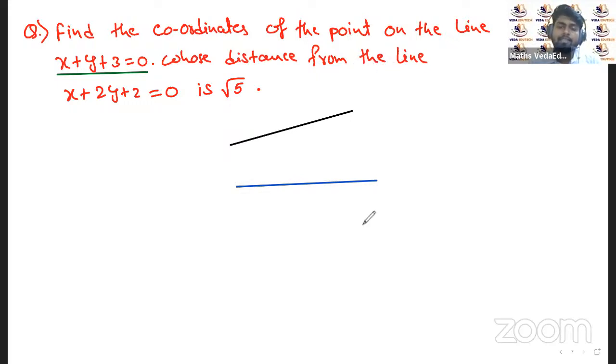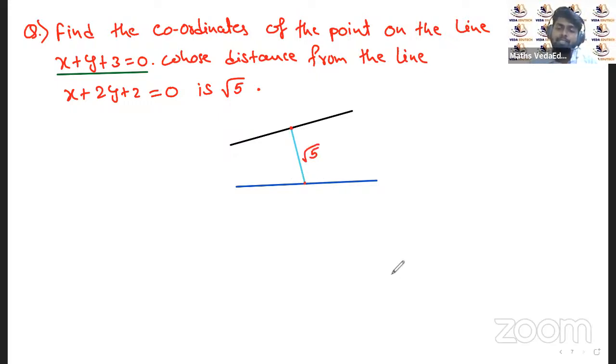Distance is given, they're asking the points. The distance might be like this, so you can consider this one as perpendicular. This is given, that is root 5.